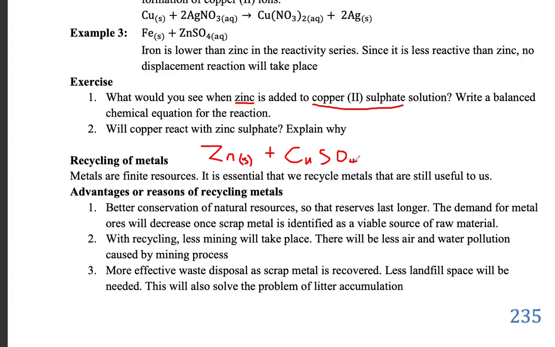First of all, blue color. What about the blue color? Remember, when you're giving the description of the observation, talk about what you see before and what you'll see after.